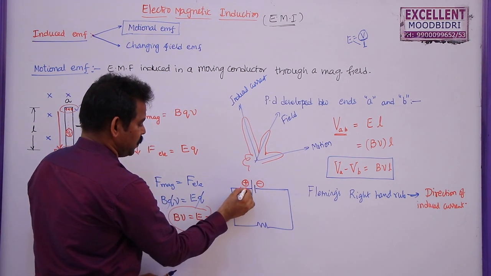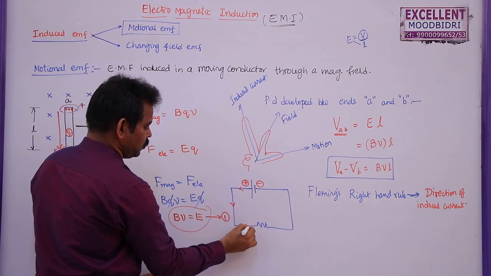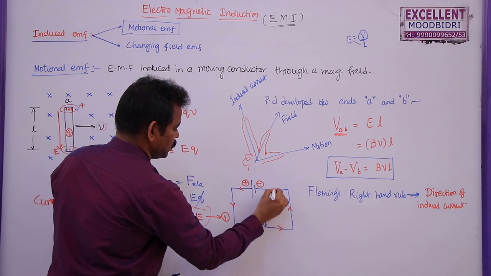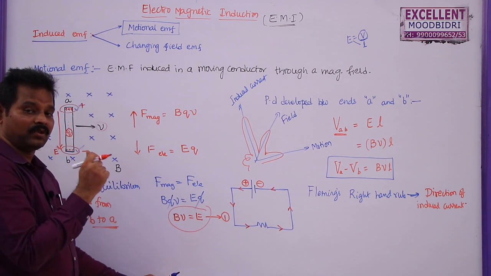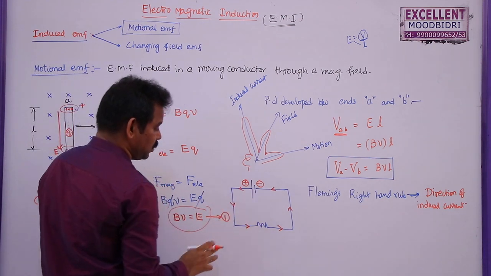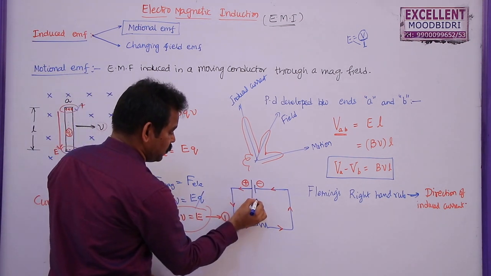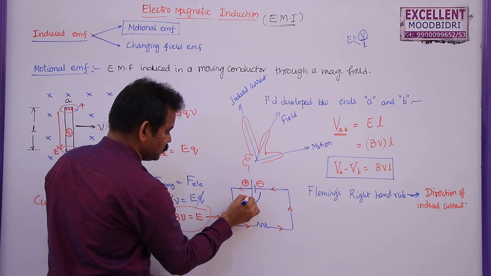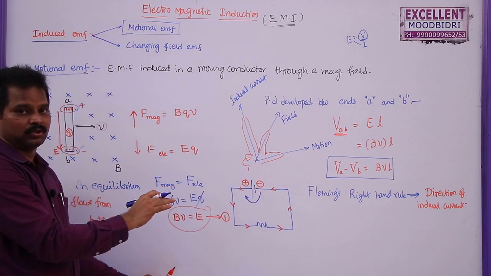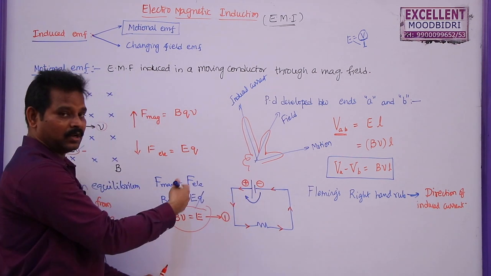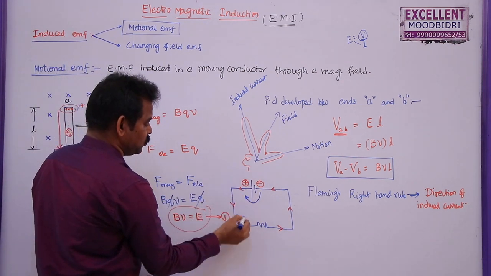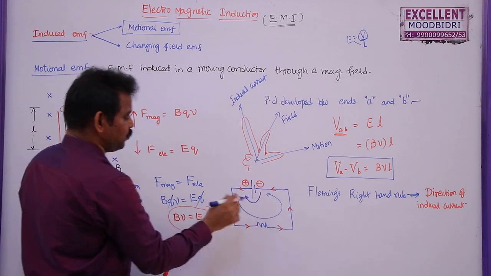So current flows from the positive terminal to the negative terminal throughout the circuit, that is called the external circuit. But what is the direction of current within the cell? Within the cell current is flowing from negative to positive. So in any electrical source, current flows from negative to positive terminal. In the external circuit, current flows from positive to negative terminal. So please remember this difference.